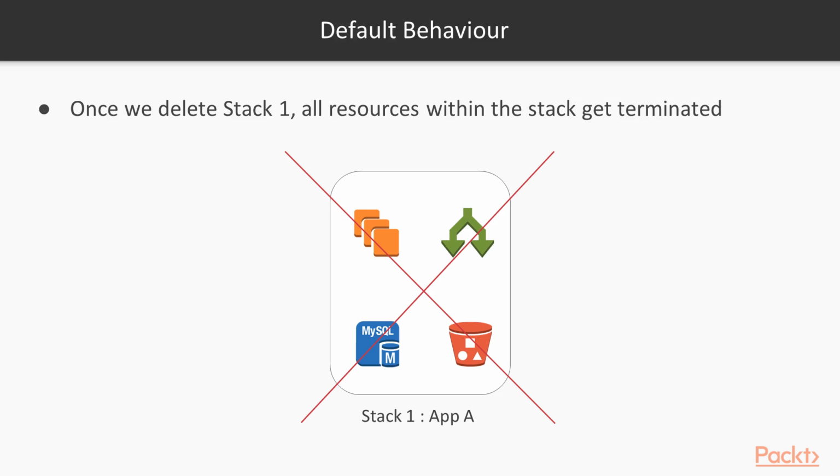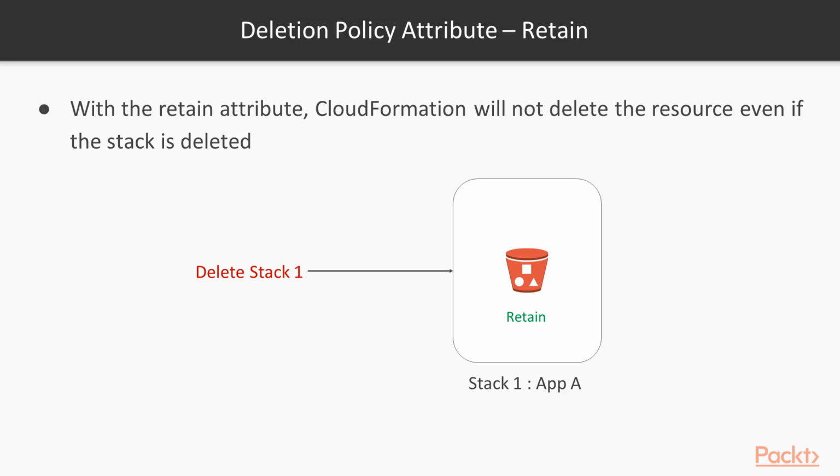However, in a lot of scenarios, there can be a need where you don't really need the default behavior. So let's take one more example. This is a deletion policy and the attribute name is retain. What happens with the retain attribute is, whenever you have a resource which is created with a retain attribute, CloudFormation will not delete the resource even if the stack is deleted.